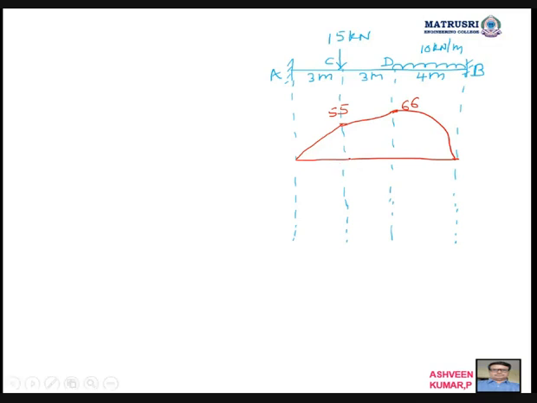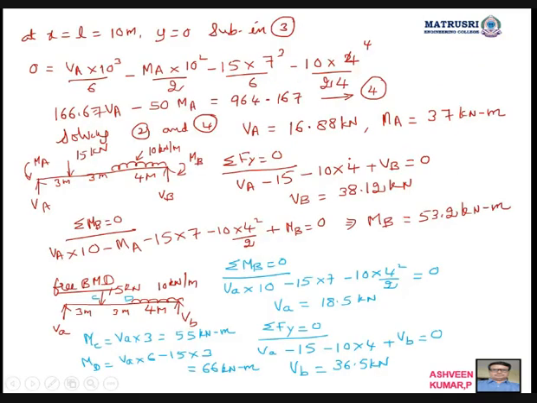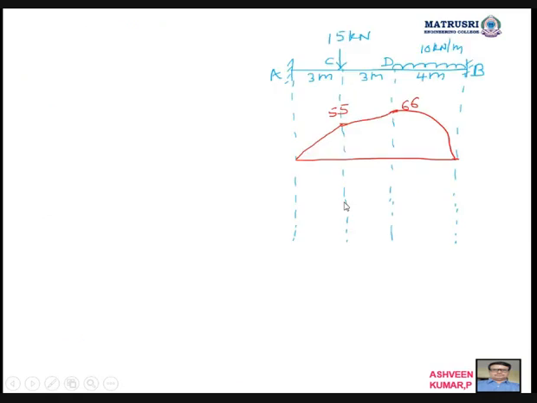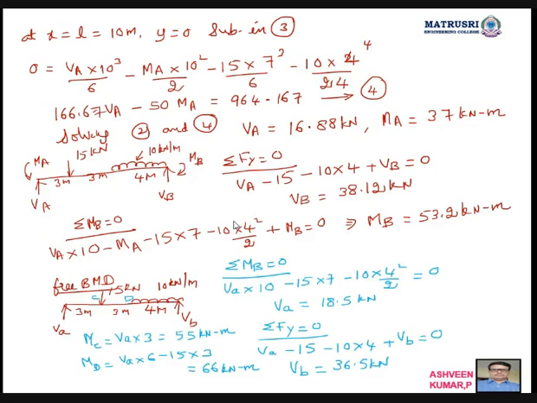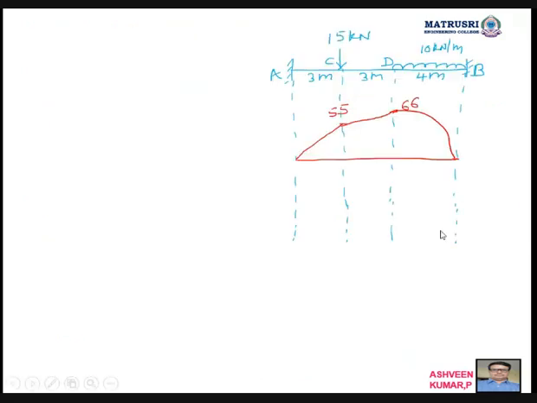Then what are the fixed bending moments you got? 16.88, 38.12. So 16.88. Okay, 16.88. MA, no? MA 37 and 53.2.